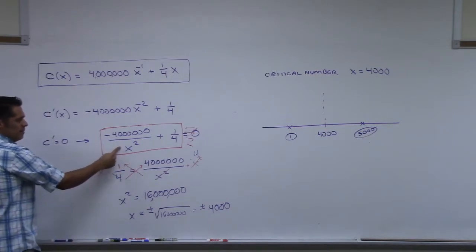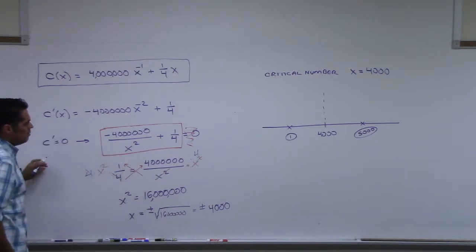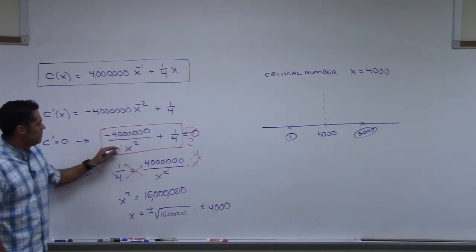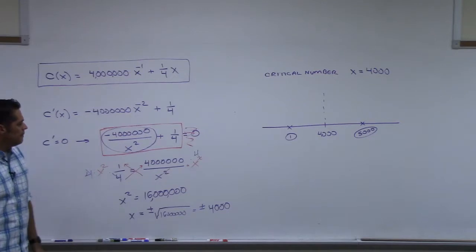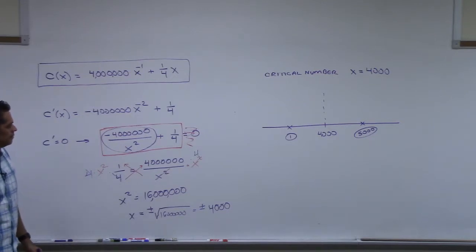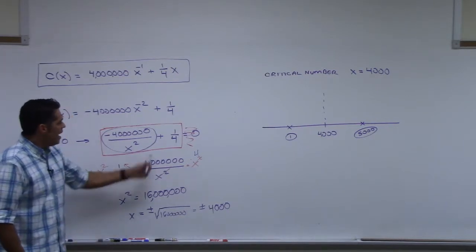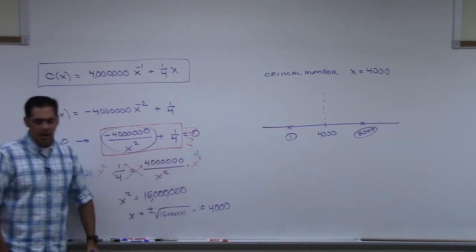If you do this number divided by that, you get some decimal. Negative 0.16, and then add 1/4 to it, or add 0.125, and tell me if you get positive or negative.